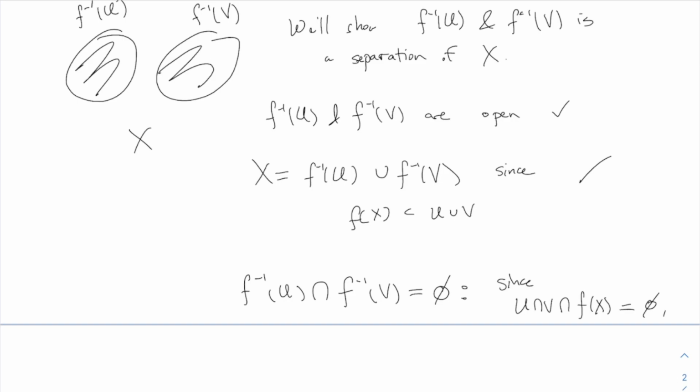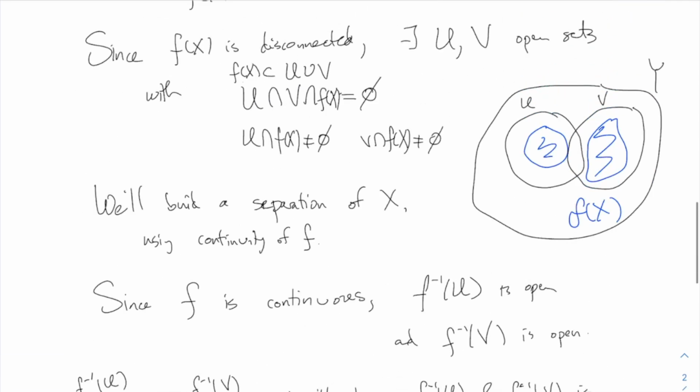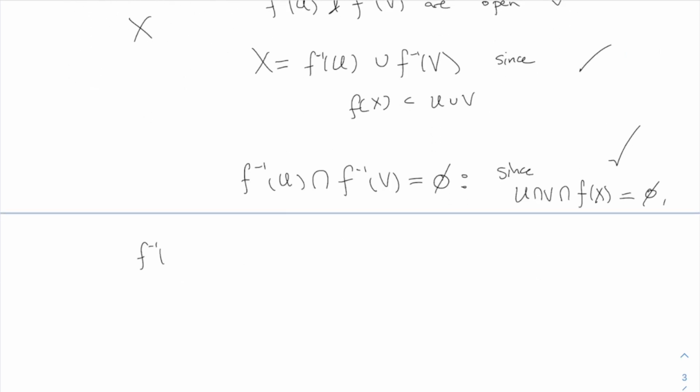All right, and then I believe the last thing that we need to demonstrate for a separation is that those two parts, the f inverse of u and the f inverse of v, are both not empty. But that's because there really are some points here that go inside the u. That means when I take the preimage, there really are some points in the preimage. And same goes for over here. So finally, f inverse of u and f inverse of v are not empty, since there really are some points which map into u.